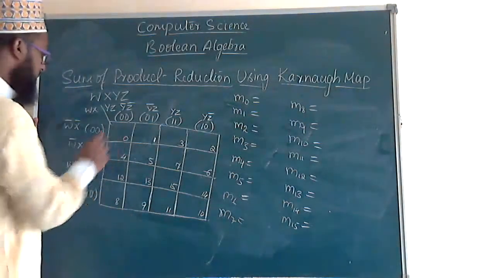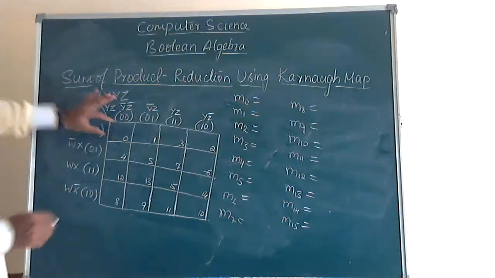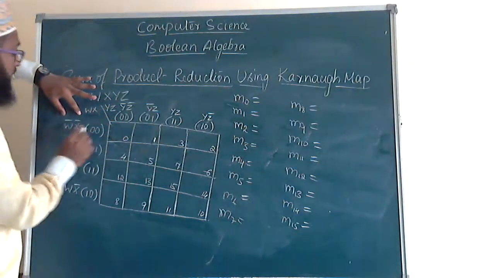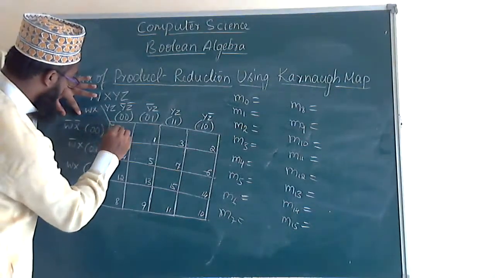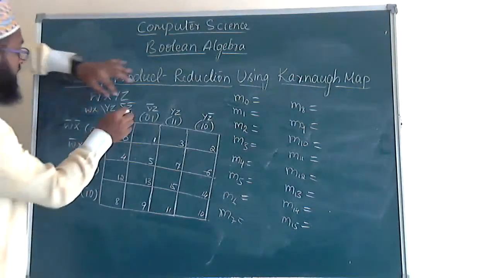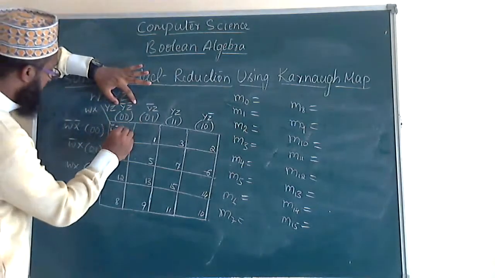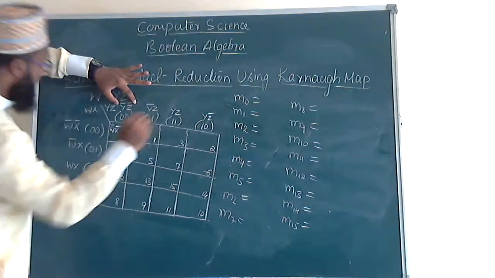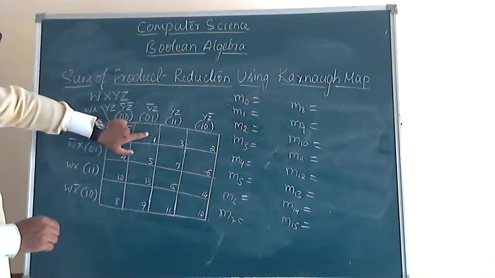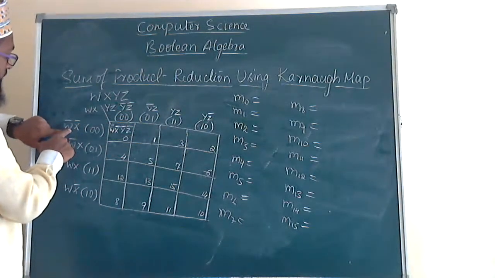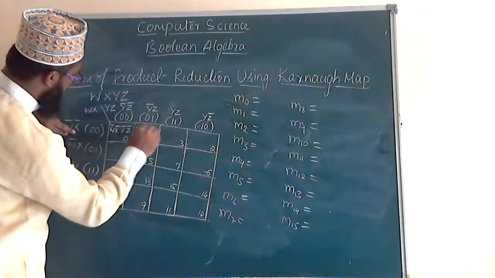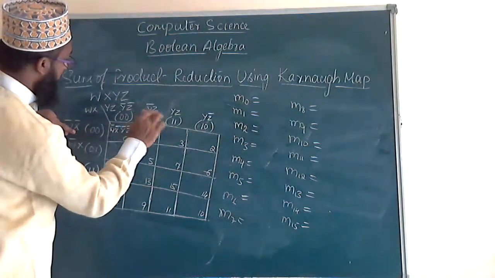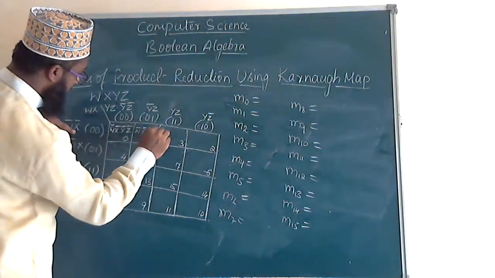So for first square, how will you write? First write this one, w bar x bar, then write this one, y bar z bar. Okay, after that for this square, first write w bar x bar, then write y bar z.